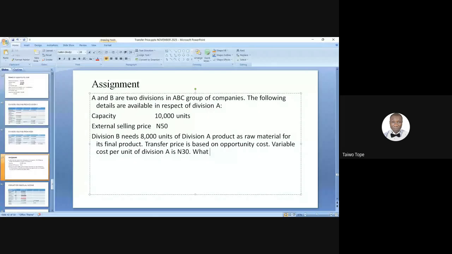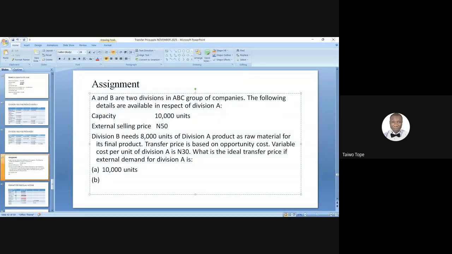So what is the ideal transfer price? If external demand for division A is 10,000 units, what will be the ideal transfer price?